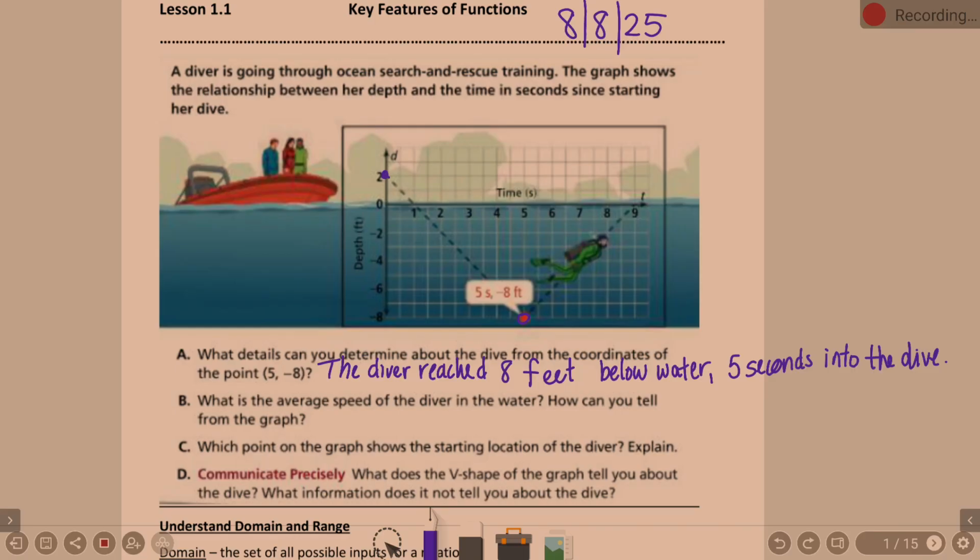Okay. Now, how did you get, I think, Lucas, you said 2 feet per second, right? And how did you get that? 10 divided by 5. Okay, 10 divided by 5. The fact that you travel from 2 feet above to 10 feet below, that's a distance of 10 feet over 5 seconds. What does this relate to in algebra? What are we finding here?